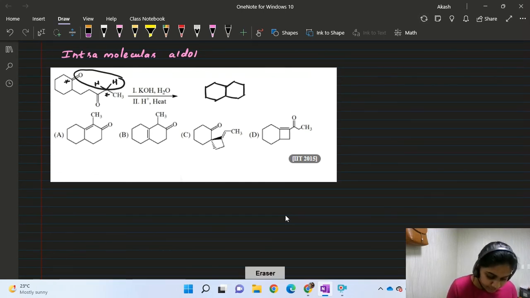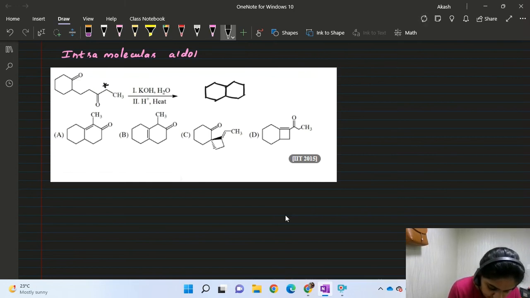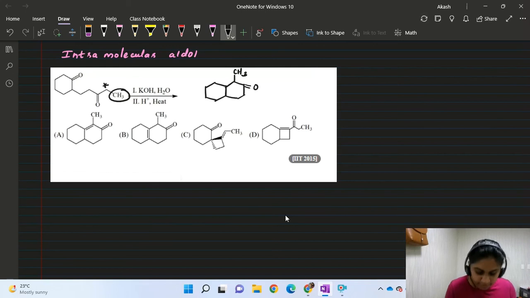Now see, this carbon is having a CH3, so put a CH3, and adjacent to that you have a double bond O, and you have to connect it by a double bond. So option A is your answer.